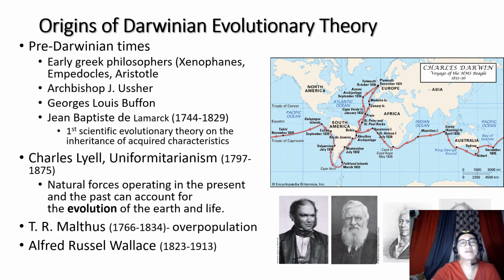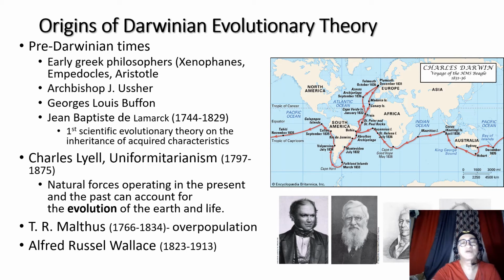There was also Thomas Malthus, who lived from 1766 to 1834. In 1798, he published The Principle of Population, where he made the observation that the human race would be likely to overproduce if the population size was not kept under control.